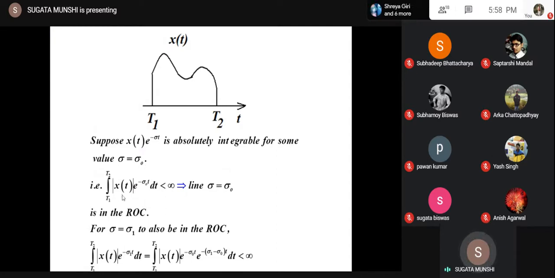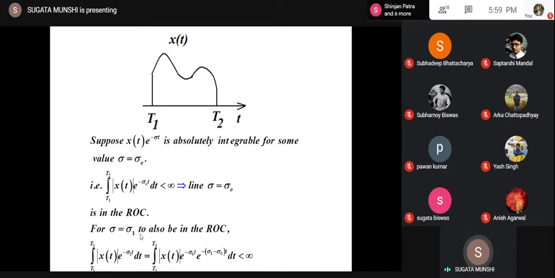It means that the magnitude of x(t) e to the power minus sigma 0 t integrated over minus infinity to plus infinity, that means over t1 to t2, because outside that span x(t) is 0, should be finite. It means that the vertical line sigma equal to sigma 0 will lie in the ROC.